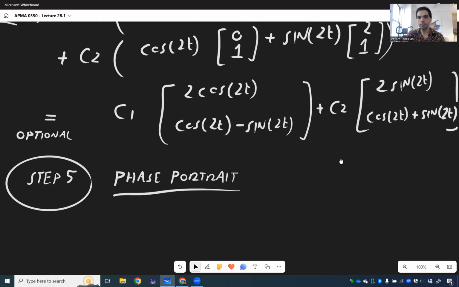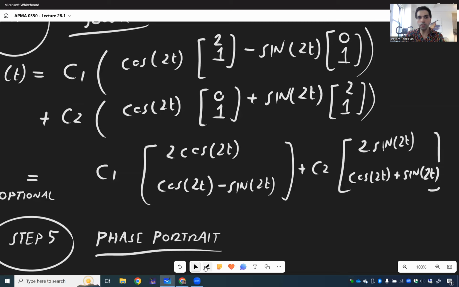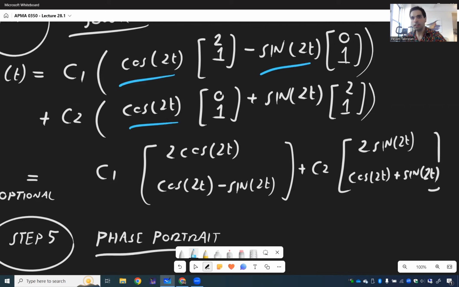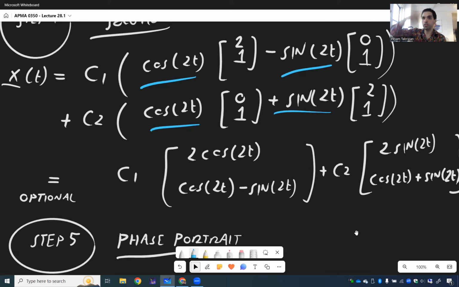Now, because of the cosine and sine, there is something circular going on, because you see cosine sine like spins me right round. So the solutions, you might think they're circles, but not quite, because of those constants C1 and C2, the solutions are actually stretched out circles, which are ellipses.